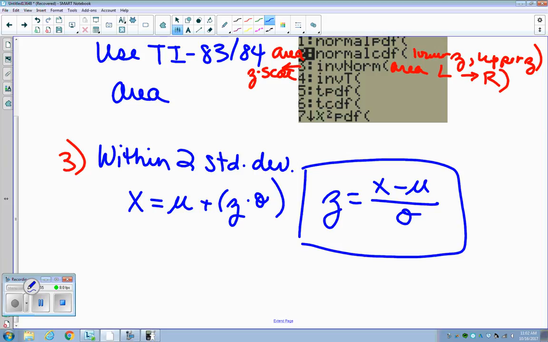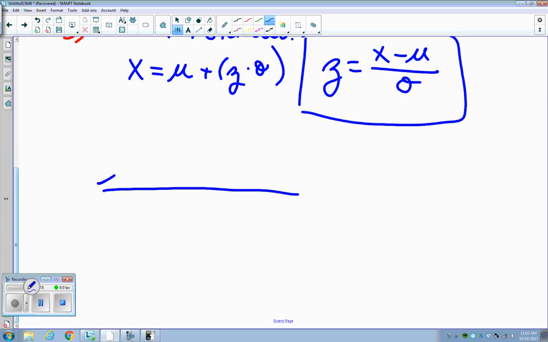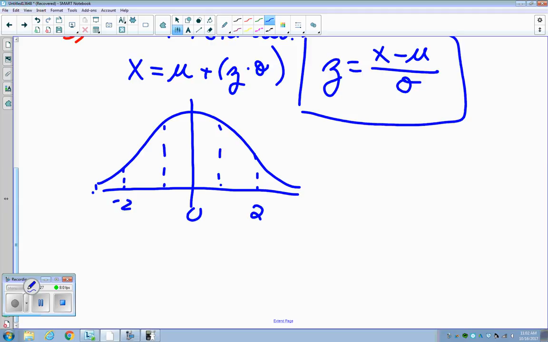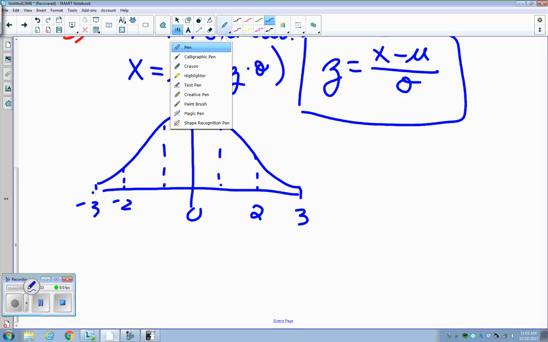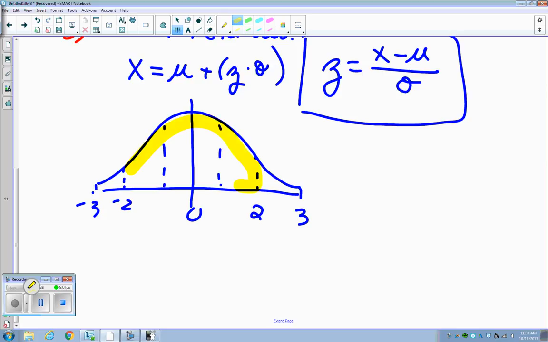So if I was going between 2 standard deviations, z would be first negative 2, and I could find out my x value. And then I would plug in a positive 2 for z, for the positive part of that 2 standard deviations. So that would be within here.